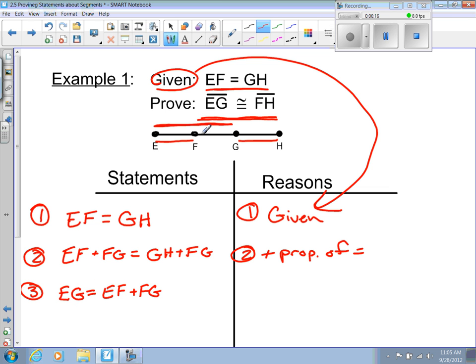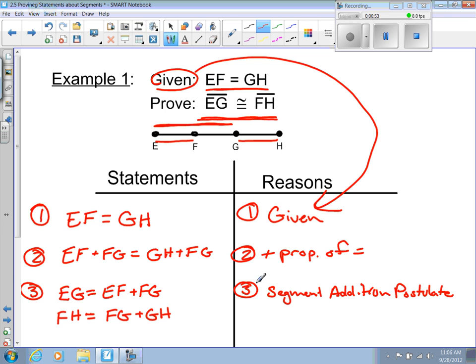I know FH is the sum of FG and GH. So FH is equal to FG plus GH. So what says I can add two segments together? It's the segment addition postulate.